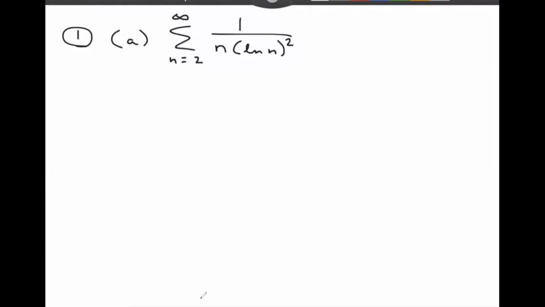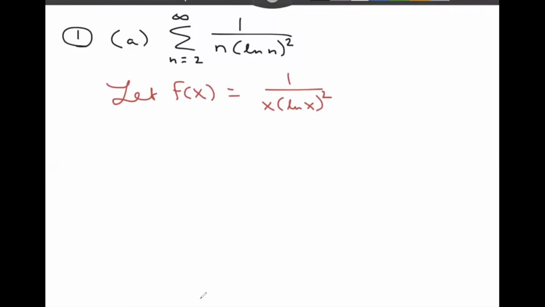Starting with the series n equals 2 to infinity, 1 over n times the natural log of n squared. All right, so we are going to let f of x equal 1 over x times the natural log of x squared. And we need to check 3 things.